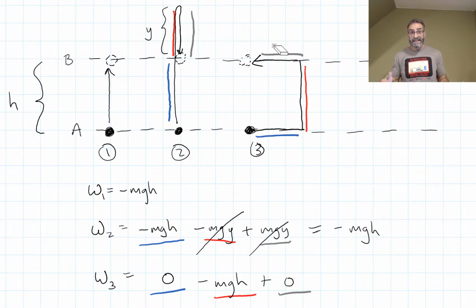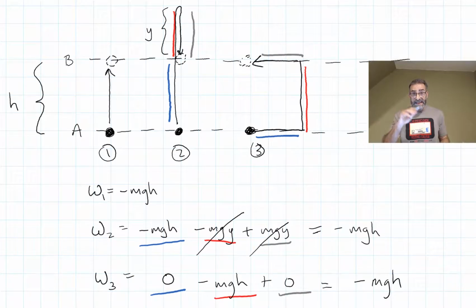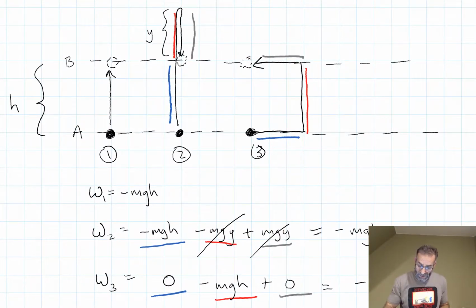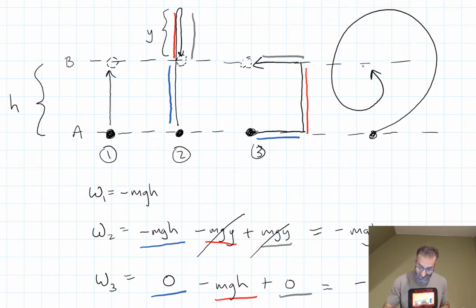But in all 3 cases, we started and ended in the same situation. We just took different paths getting from one to the other. And the interesting thing here is that the work done is the same for every path we took. These are very special paths where it's easy to calculate the work done. But I could pick any path between those 2 points, and the work done would be the same.